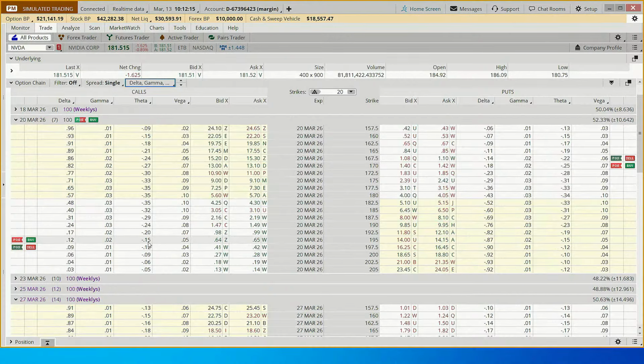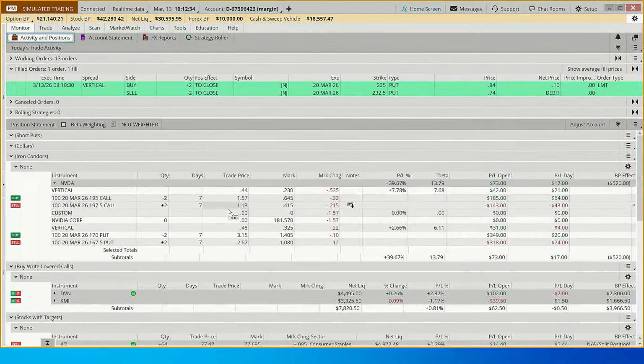By 3 cents, like 15 and 12. So time decay is going to continue working on both sides of this trade, and if it loses another net 4 cents a day on this side and 3 cents a day on this side, that will start getting us to where we want to go.